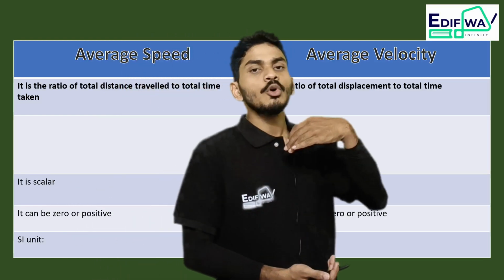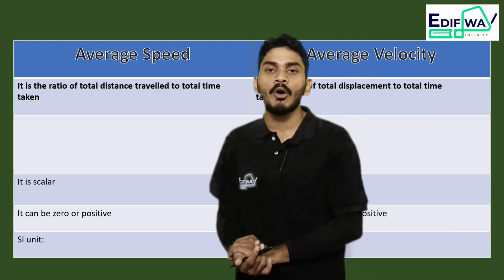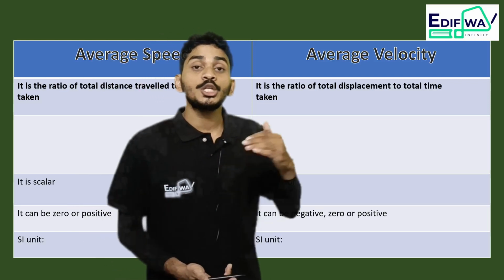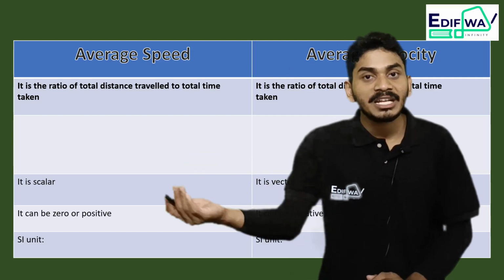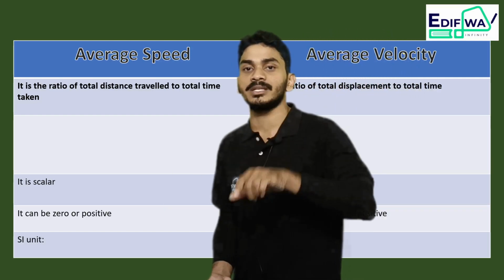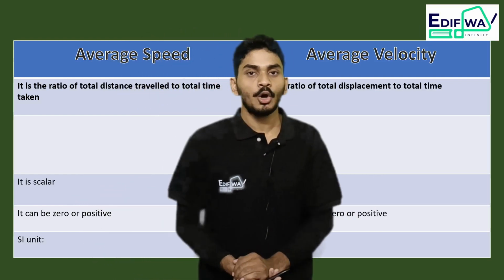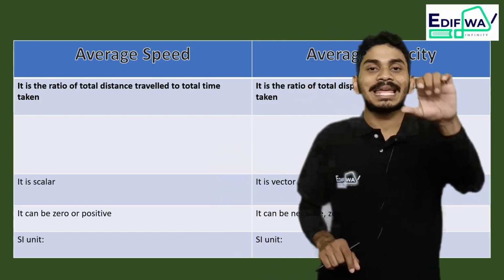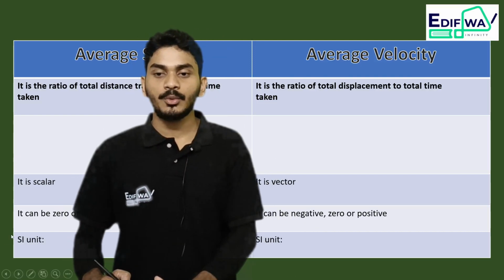So how can you define average speed? It is the ratio of total distance traveled by a body to the total time taken, whereas average velocity is the ratio of total displacement of the body to the total time taken. So we will be considering an average speed for that entire motion. How can you write the equation?